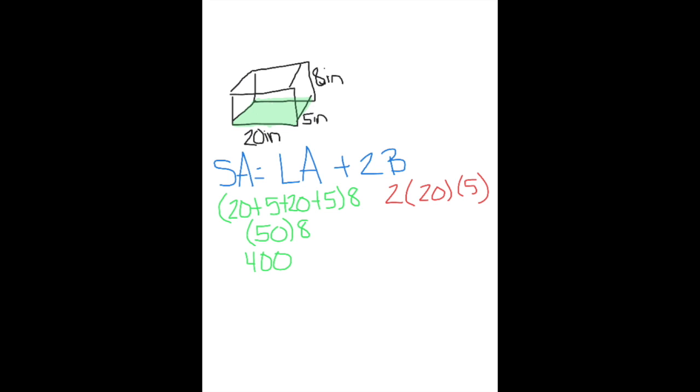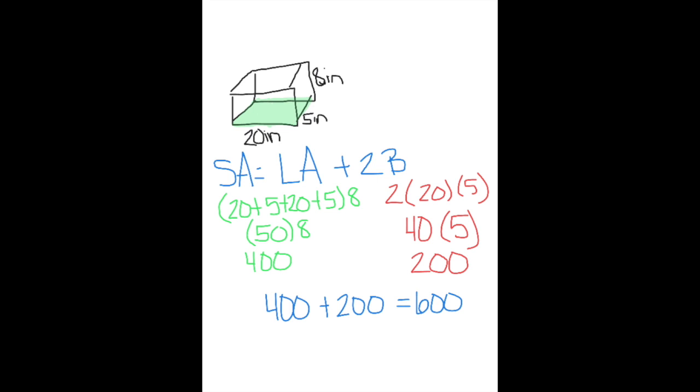I'm going to take the base of my shape, which I said was the bottom, and find the area of that rectangle, which I take 20 times 5. Then I need to simplify that, so 20 times 5 times 2, which will give me 200. And then I need to take my two answers, my lateral area plus the area of my base, and add them together to get the total surface area of 600 inches squared.